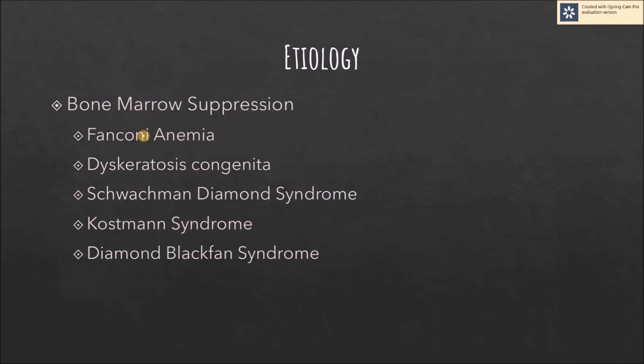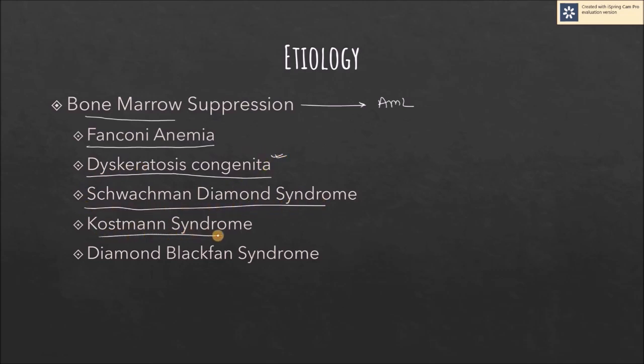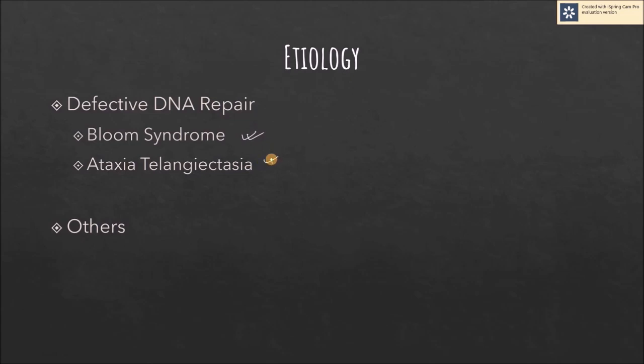There are certain diseases where there is bone marrow suppression which later results in acute myeloid leukemia, like Fanconi anemia, dyskeratosis congenita, Shwachman-Diamond syndrome, Kostmann syndrome, and Diamond-Blackfan syndrome. In Kostmann syndrome, there is congenital neutropenia. In Bloom syndrome and ataxia telangiectasia, there is defective DNA repair, which can also cause AML.